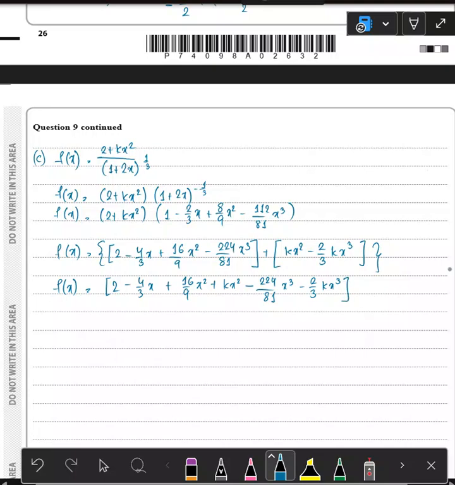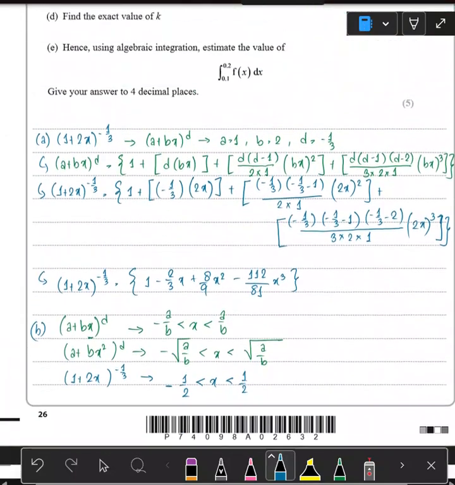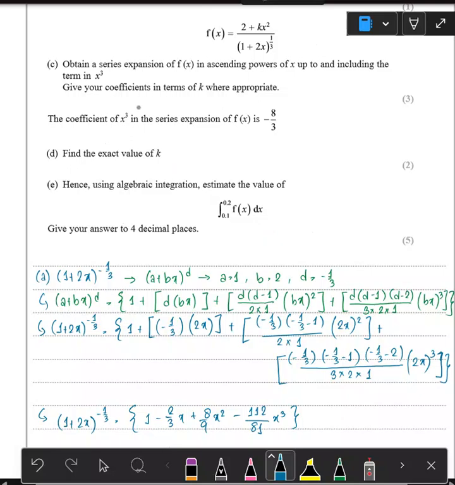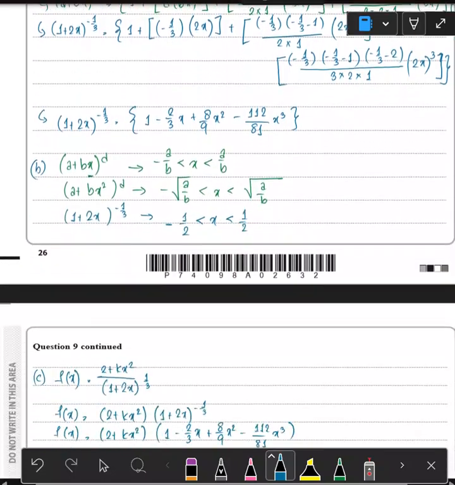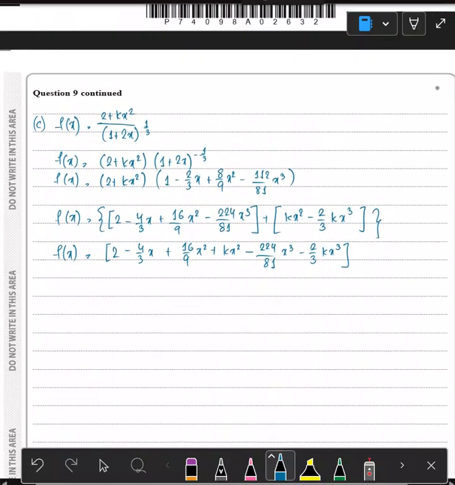Okay. Now the question mentioned to give your coefficients in terms of k where appropriate. So coefficient is when you multiply a constant with a variable. A variable is like x or y. When you multiply a constant like 2, 3, 4 or 4 by 3, negative 4 by 3 or positive 16 by 9, then the constant part is called the coefficient.